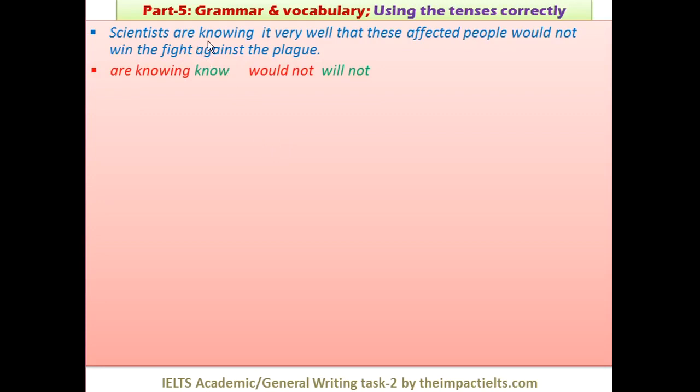Although it seems grammatically correct, let me tell you that there are certain words which are known as non-continuous or non-progressive verbs, with which we don't use the ing form. For example, we don't say I'm loving you, we don't say I'm liking you, we don't say I'm knowing you. We always say I like you, I love you, I know you. All right. There are certain examples. Again, you will get that in PDF format.